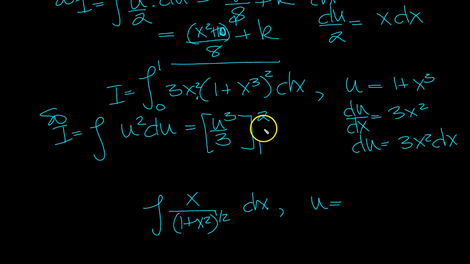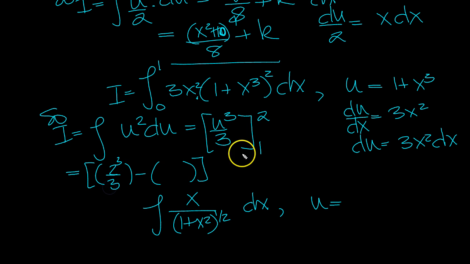So we end up with, take the bottom from the top: put 2 in, 2 cubed, which is 8 over 3, minus 1 cubed, which is 1 over 3. 8 thirds minus 1 third is 7 thirds.